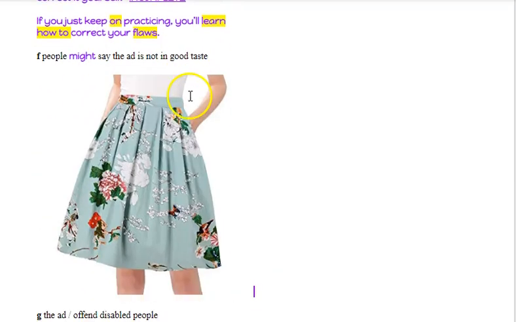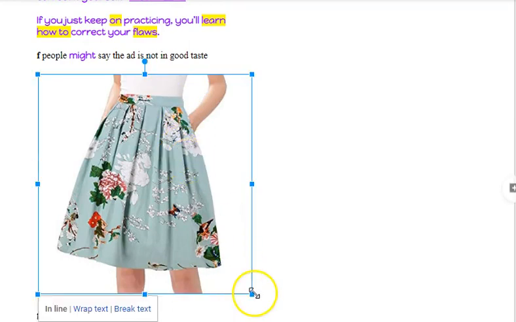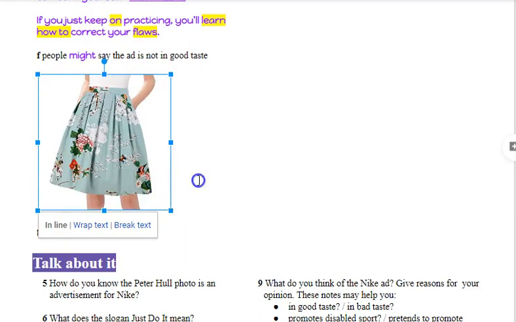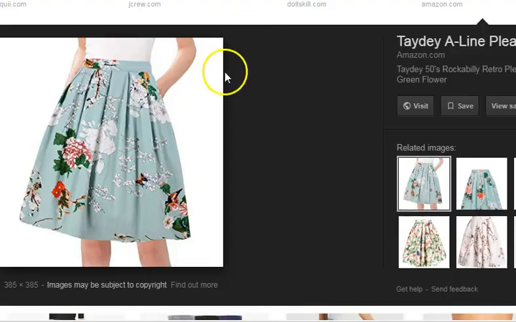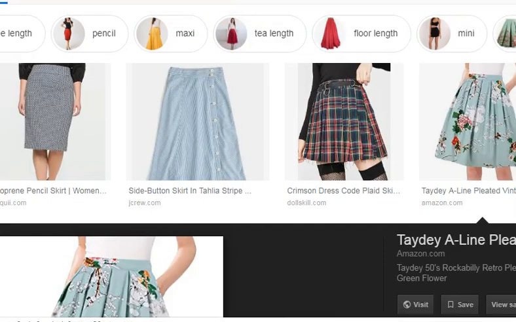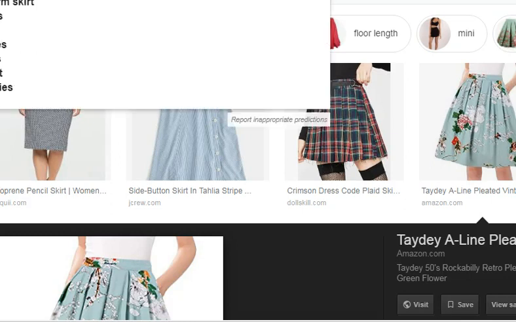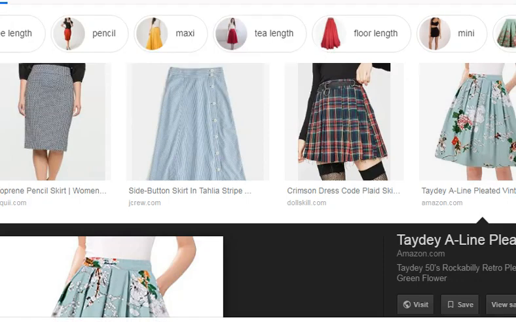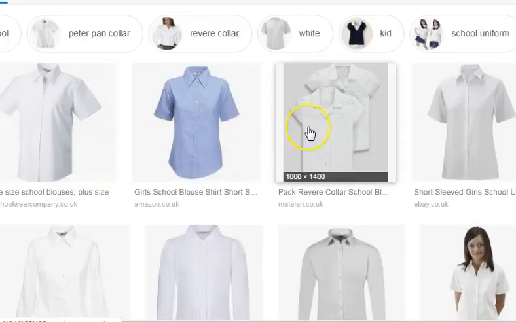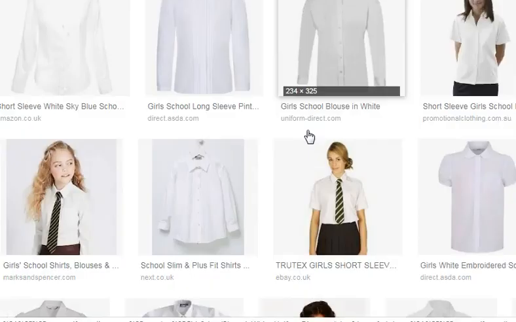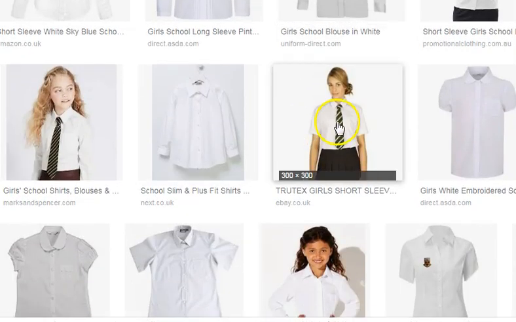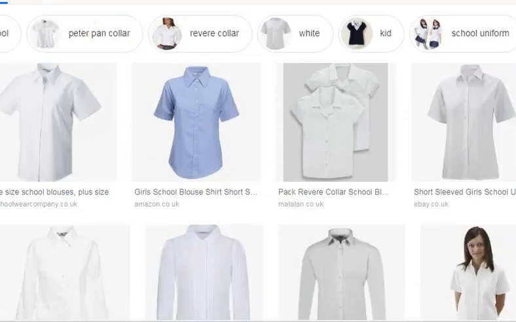Alright, here. Can you see that? Oh, yeah, I see. And then while wearing the skirt, you try to partner that one with this.